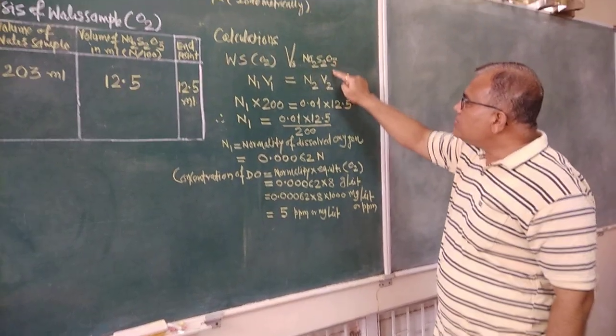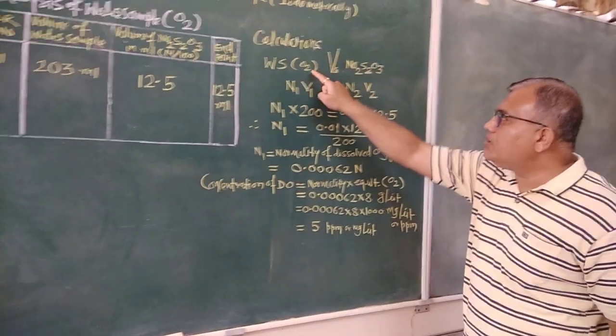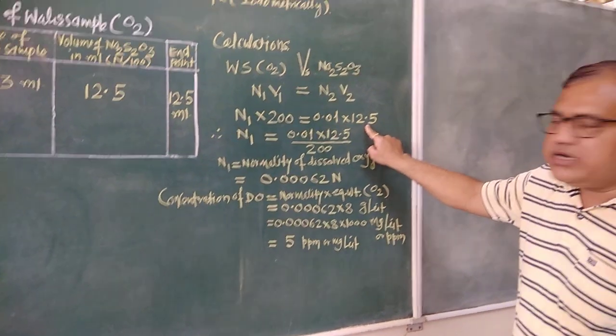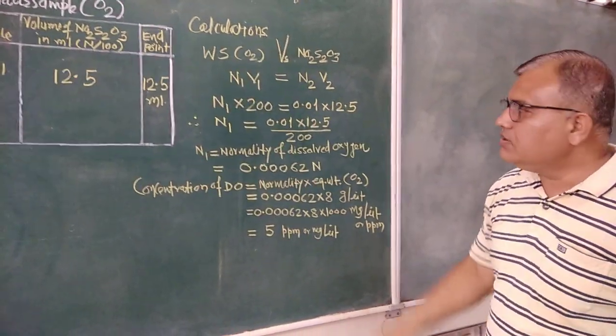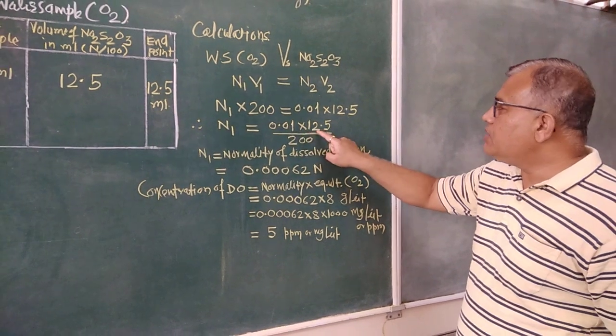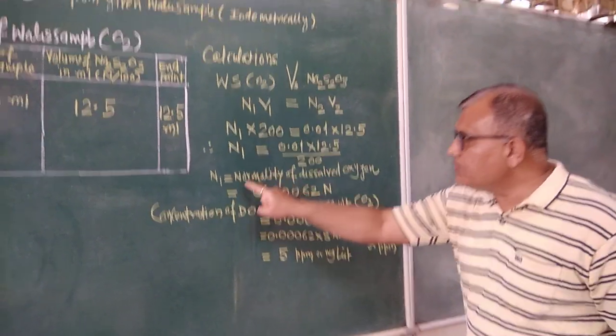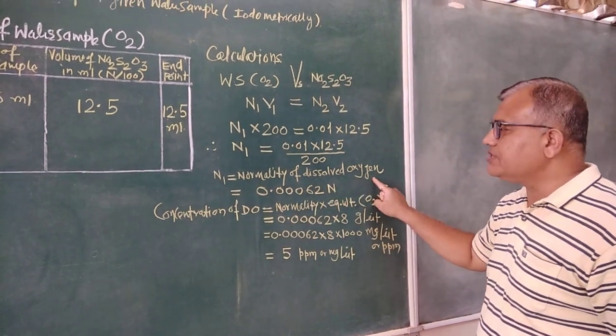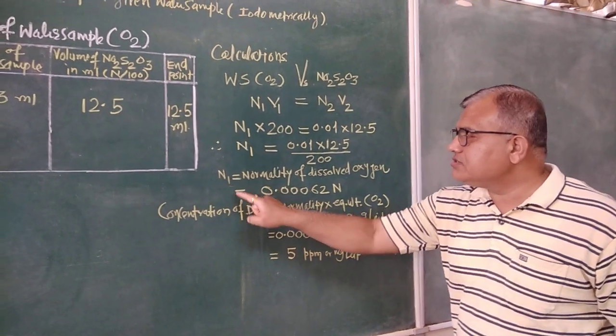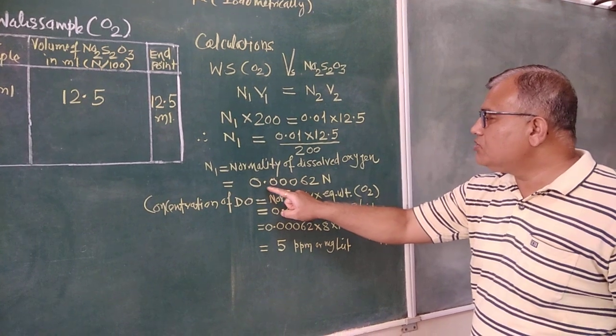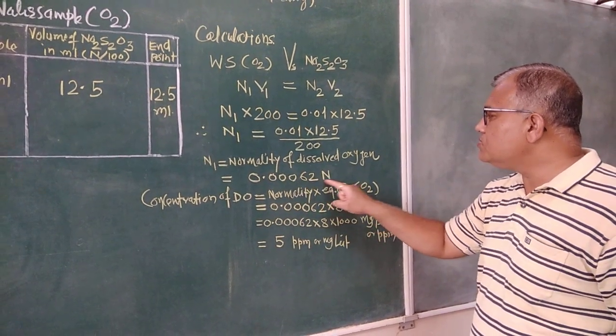which is given to you, that is 0.01 normal. And the volume of Na2S2O3 required for this 200 ml of water sample, that is your burette reading, is 12.5. So 0.01 into 12.5 divided by 200, you will get the normality of dissolved oxygen. And the normality of dissolved oxygen N1 is found to be 0.00062 normal.